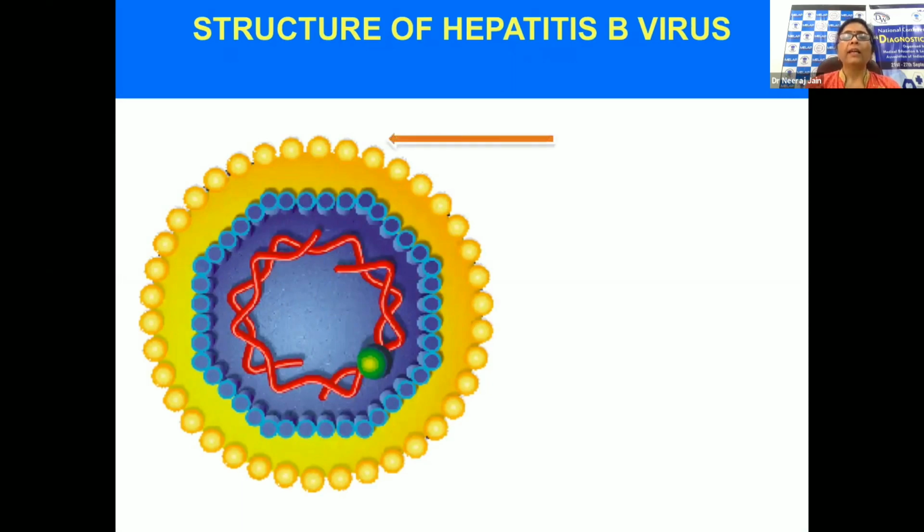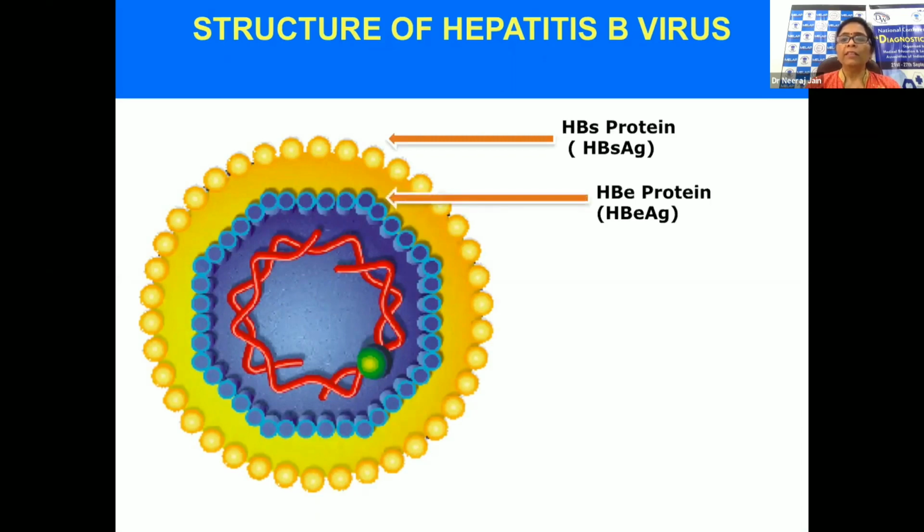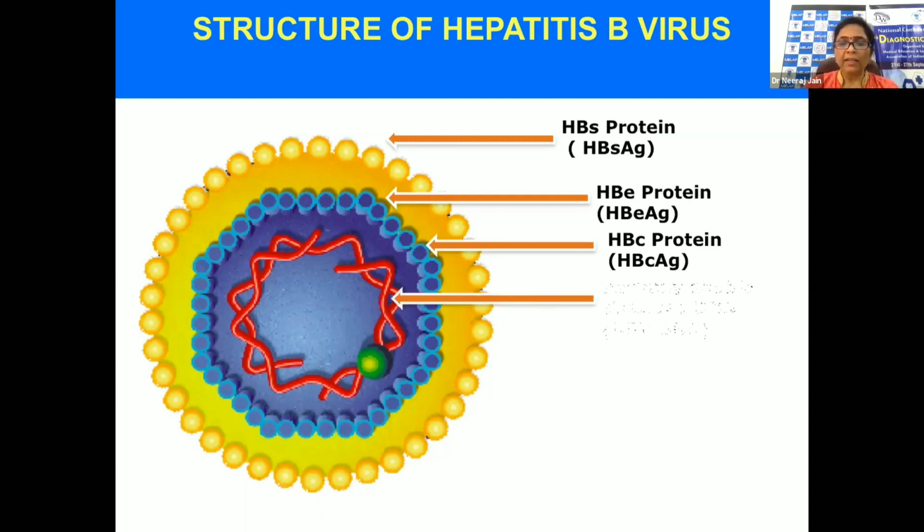There are 3 proteins which are available in hepatitis B. One is a surface protein, second is an E protein, third is a core protein. So these proteins give rise to different antigens: surface antigen, E antigen, and core antigen respectively. Inside is a DNA, partially double-stranded DNA, and then comes a DNA polymerase.